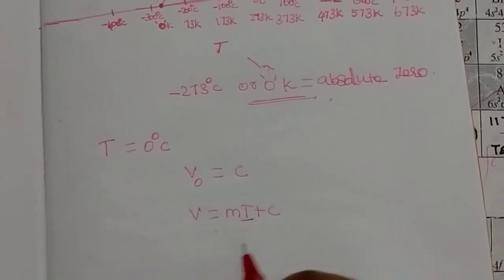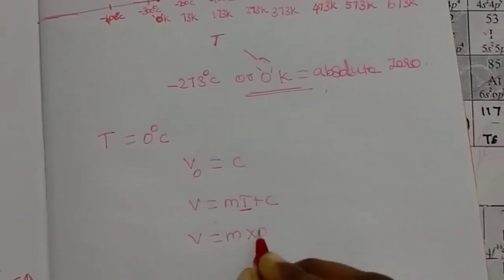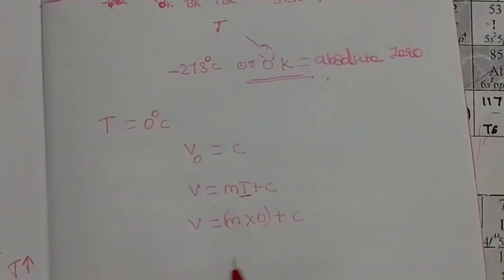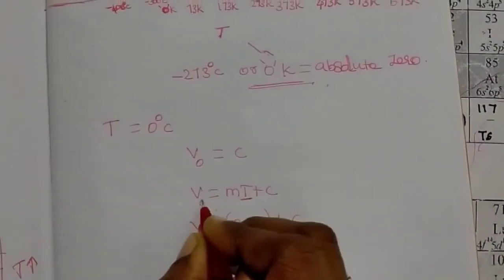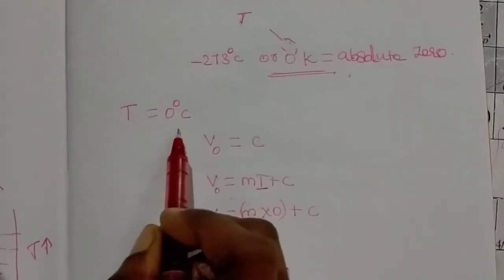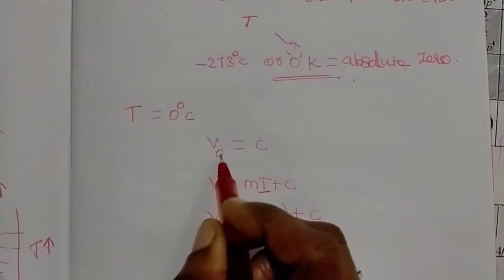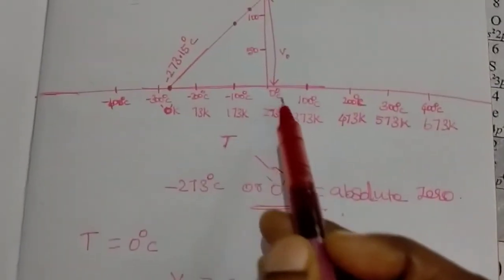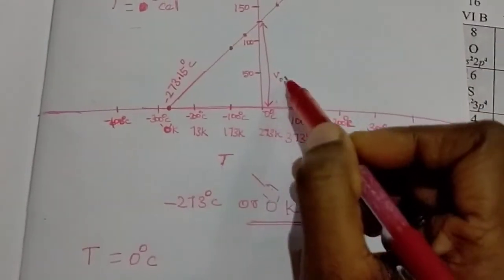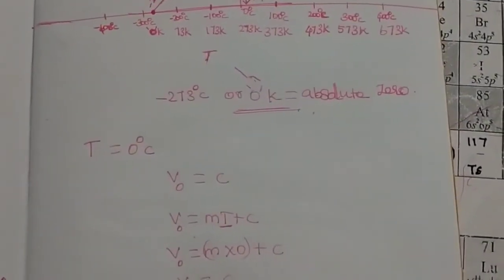Now T becomes 0, so V equals m times 0 plus c. The first term becomes 0, so this is V0, because the temperature T is 0 degrees Celsius. So V0 is equal to c.